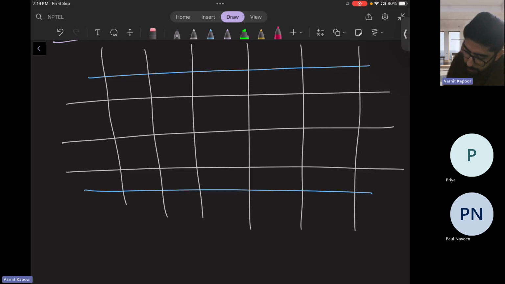Suppose my cell of consideration is this, and this is point P. The upper node will be N, then south, east, west, and the faces will be east face, west face, north face, and south face.